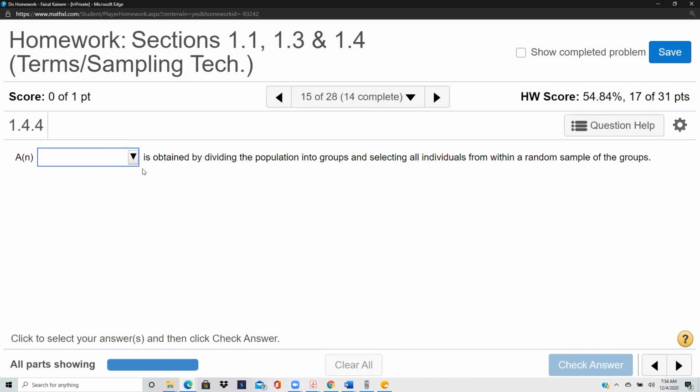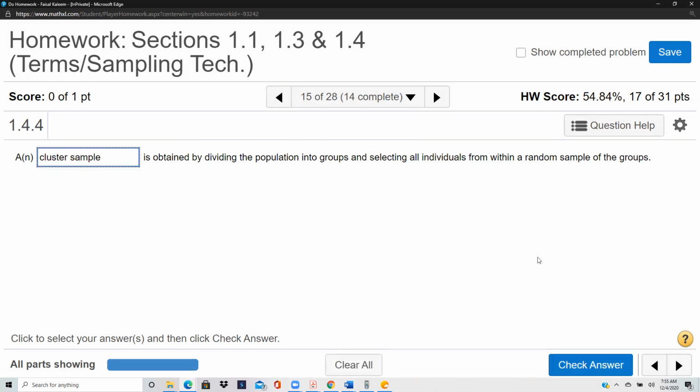A blank is obtained by dividing population into groups and selecting all individuals within a random sample of groups. So that's where you divide it into groups, but then you just select a few groups because you're taking only a sample of the groups, not all the groups, and then choosing everybody from those. So that's what we were calling cluster.